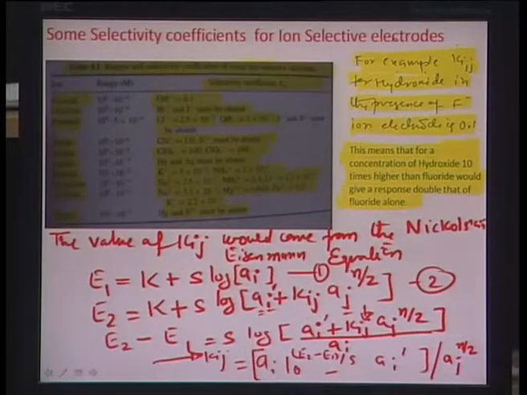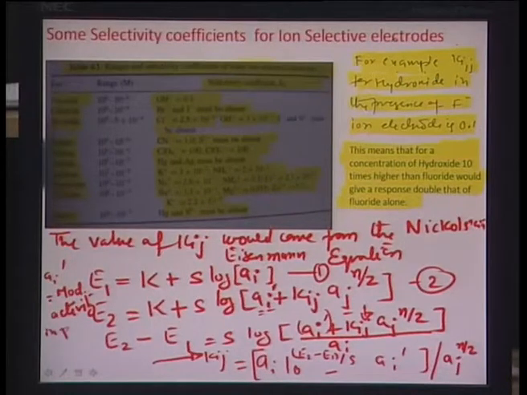Ai dash, again I reiterate, is actually the modified or corrected activity of the mixed solution. So let me write it down somewhere that in this particular case Ai dash is the modified activity in presence of ion J.